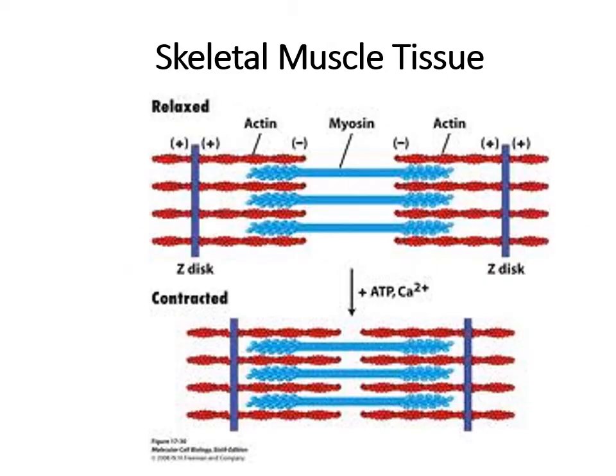So if we can imagine the first image in the relaxed state is the muscle that's not contracted yet, the actin and myosin are still overlapping a bit at the ends of the myosin, and then as the motor neuron stimulates the skeletal muscle, it activates the muscle and causes calcium to be released from the sarcoplasmic reticulum, and in addition, ATP is required for skeletal muscle contraction, and you can see how the actin and myosin overlap each other more, and that is the contraction of the muscle.